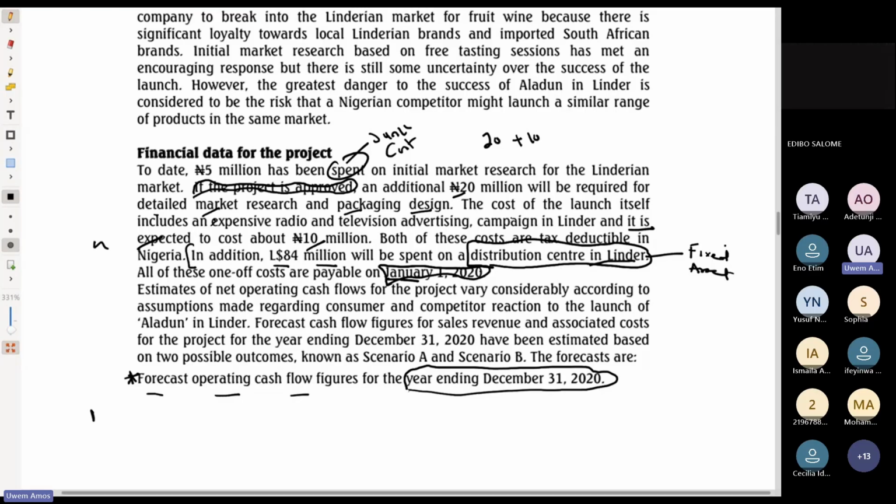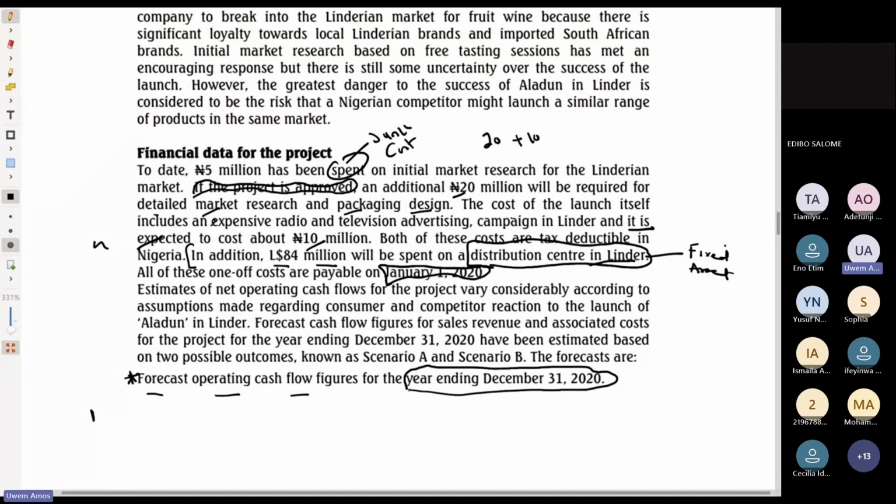Guys, we explained this concept when we did NPV. We said that any cash flow that occurs at the beginning of the year is assumed to have occurred when? It's assumed to have occurred at the end of the previous year. And that is because generally your December 31st value should be your January 1st value.